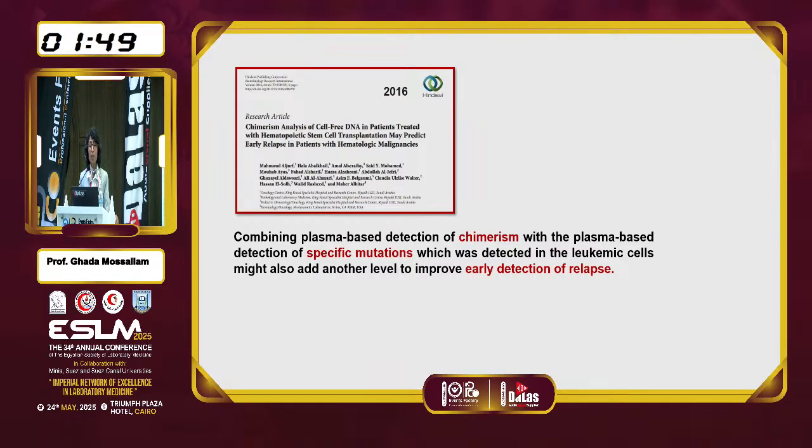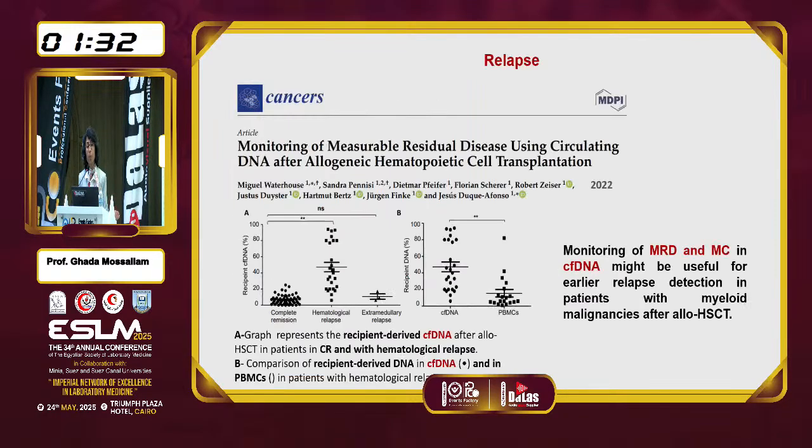And they reported that combining plasma-based detection of chimerism with the plasma-based detection of specific mutations specific for the leukemia, which was detected in the leukemic cells, might also add another level to improve early detection of relapse compared to peripheral blood.